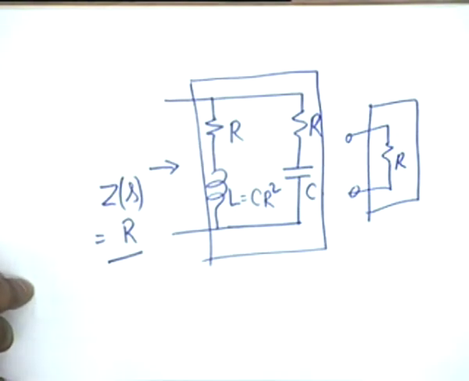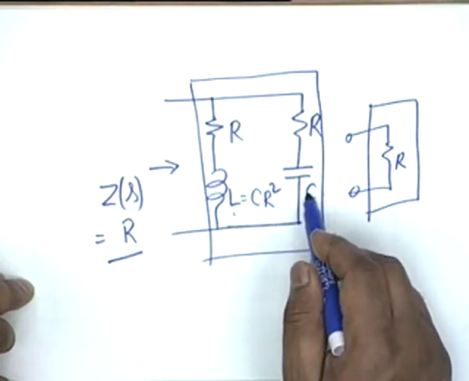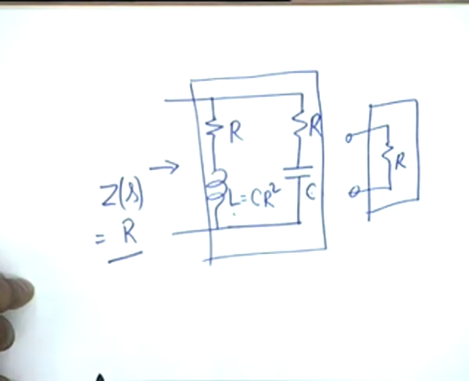And this is one of the manifestations of resonance. Is this a case of resonance? Yes, because there is a reactive element, there is another reactive element, and the conspiracy is such that it is pure, but it's not at a single frequency. It's at all frequencies, and therefore this is all frequency resonance. It is not a single frequency resonance.